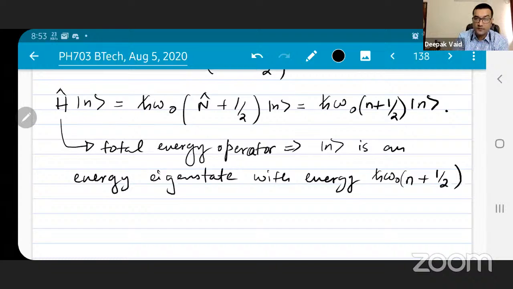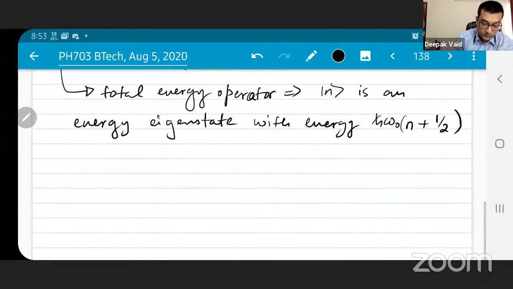The only thing that remains is to determine the maximum and minimum values of this n. Is there a maximum value or a minimum value? We know that n is a real number. We can show that it has to be a positive number. How? Well, let's take a look again at this A acting on ket n, and let me take the norm of this state.